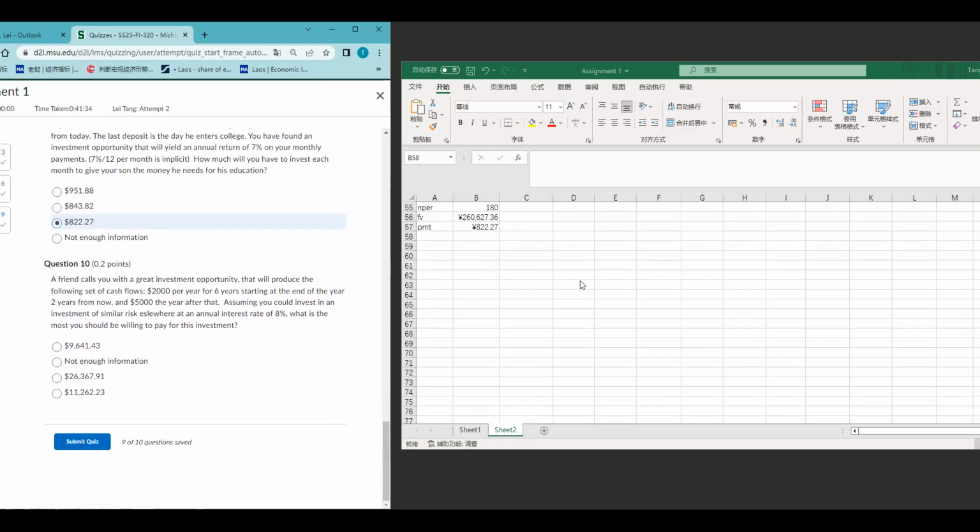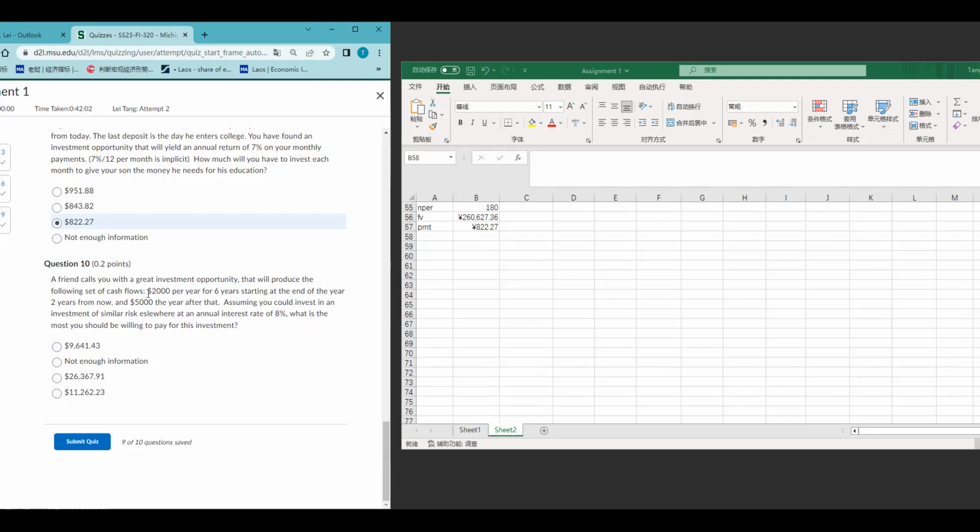Okay, last question. A friend creates an investment opportunity that will produce the following set of cash flow: 2,000 per year for 6 years starting at the end of the year, 2 years from now.